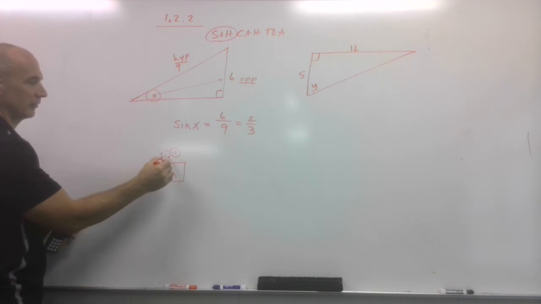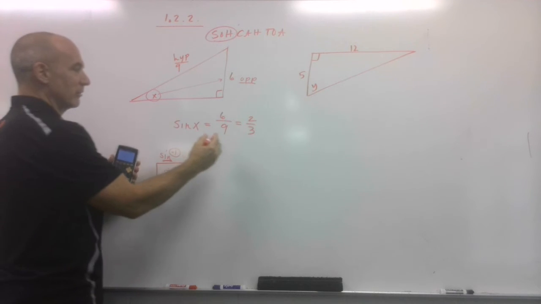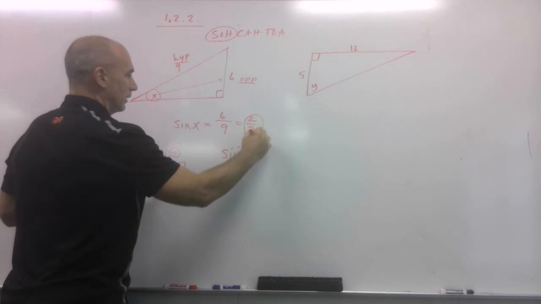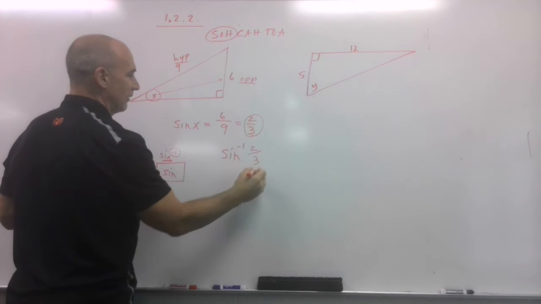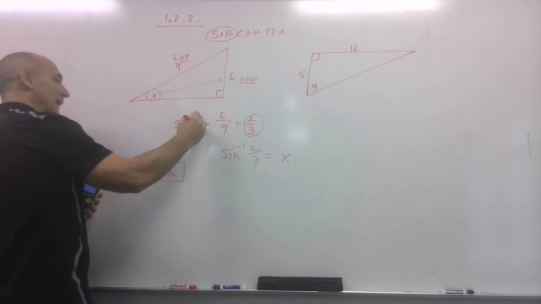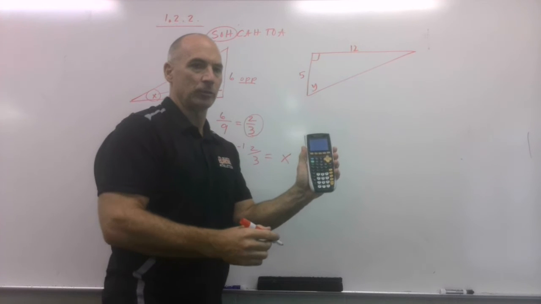This is the inverse sine function, but this actually does something for us. We're telling the calculator we're going to go sine -1. We're going to type that in, and it's going to tell us what x is, which is an angle. Now, make sure your calculator's in degree mode.